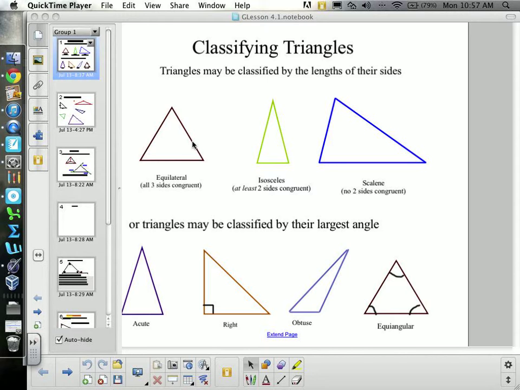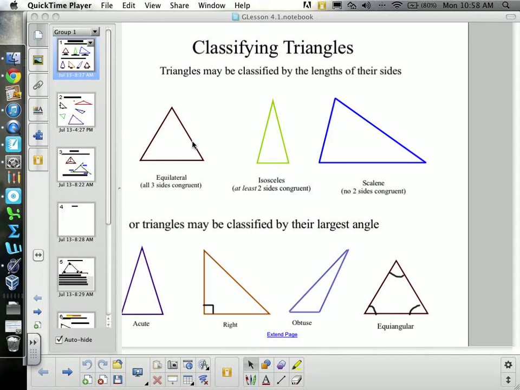We can classify by the lengths of the sides. Every triangle will have at least 2 names. One special triangle will have 4 names, but everything else has at least 2. One that names it by its sides, one that names it by its angles. So for sides, it can be scalene, no 2 sides congruent, all the sides are different.